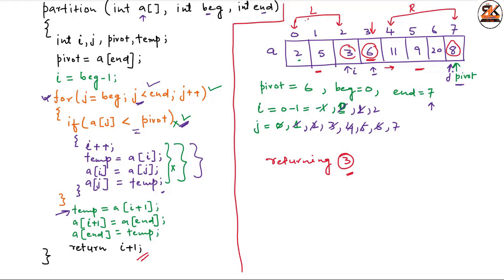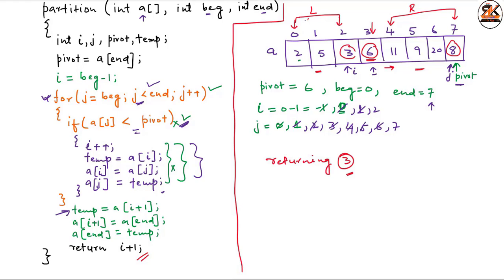By executing all these statements in this partition function, we will place 3 and 8 in their appropriate places. After that we will again get left and right sublists, and we will repeat this procedure until we get a single element in each of the left and right sublists.